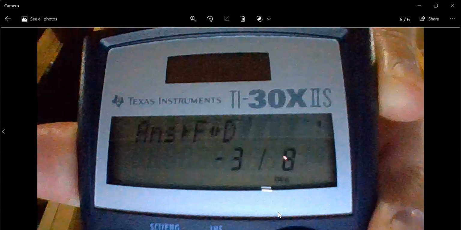If you were writing this down and it said put your answer as a fraction, a proper fraction or an improper fraction, you would write -3/8 as the answer. By the way, if you hit answer FD one more time, it will change back to a decimal, the -0.375. So if you want to go back and forth between a decimal and fractions, it is that key that I showed you, the F to D.